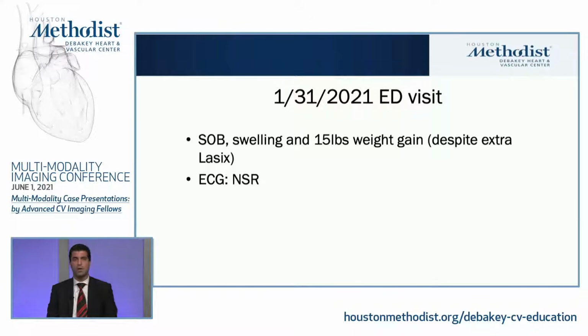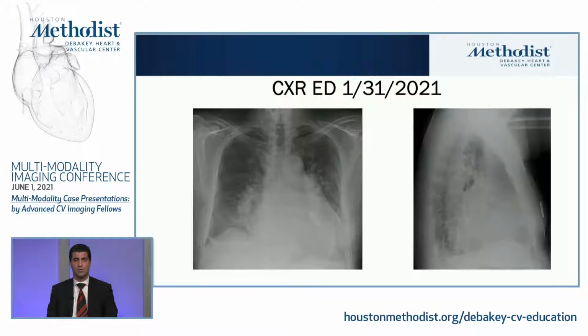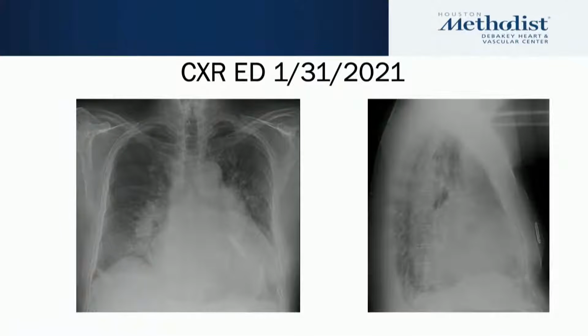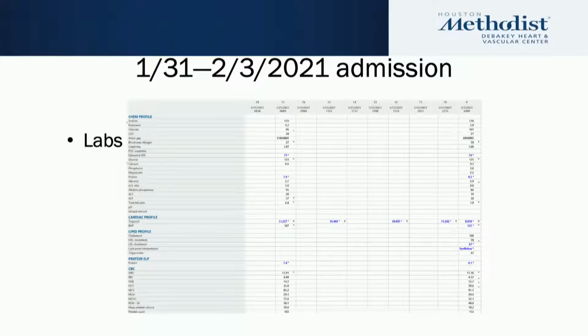It did not work. His ECG showed normal sinus rhythm, and his X-ray shows enlargement of the cardiac silhouette, possibly pericardial effusion, interstitial edema, pulmonary edema, and a tortuous aorta. So the patient gets admitted to the hospital, and he stayed there for 4 days.